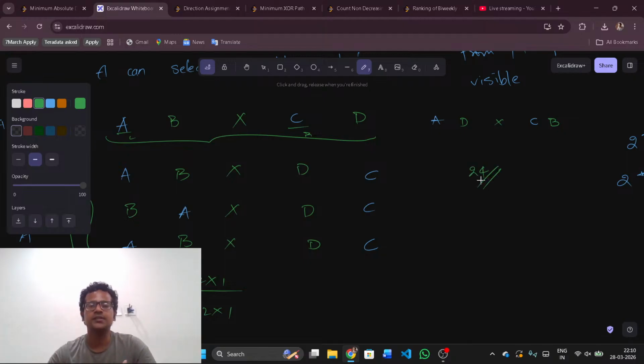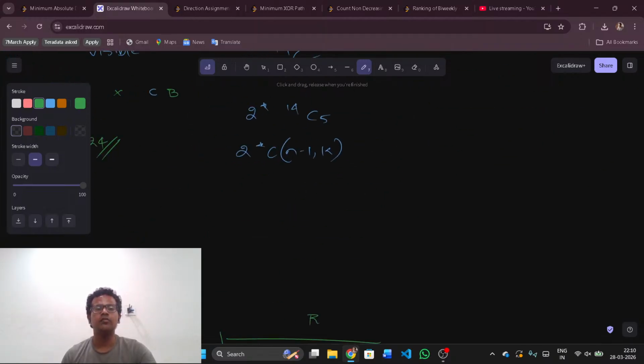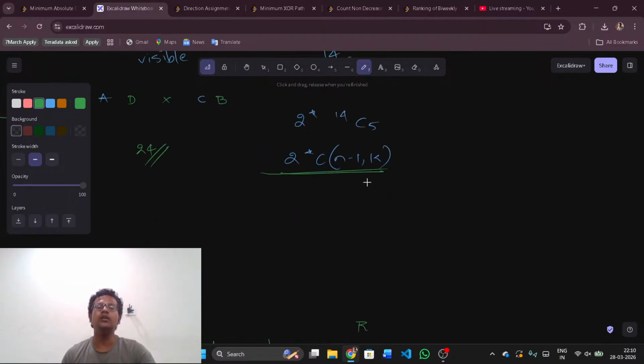I can place these persons such that people who are standing to the left are having L and people who are standing to the right are having R. So it is obvious that we will generate the answer, 2 into C, permutations and combinations, right?